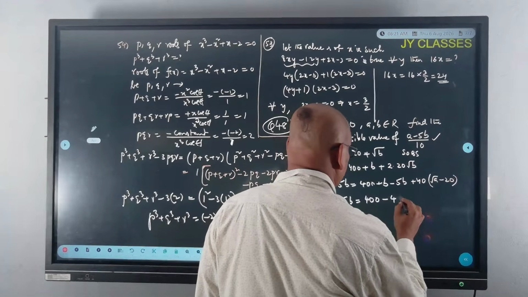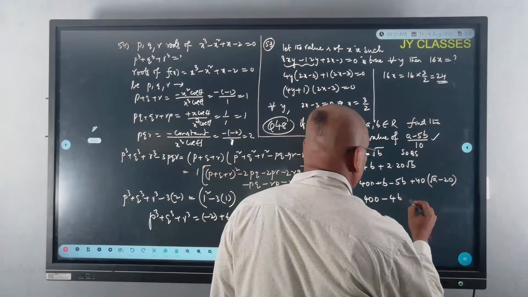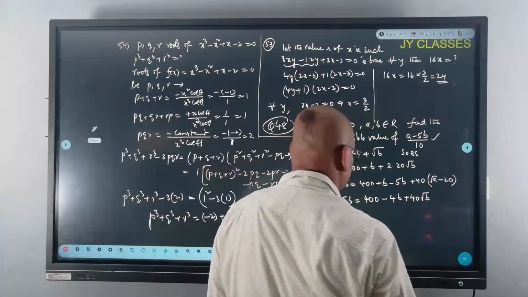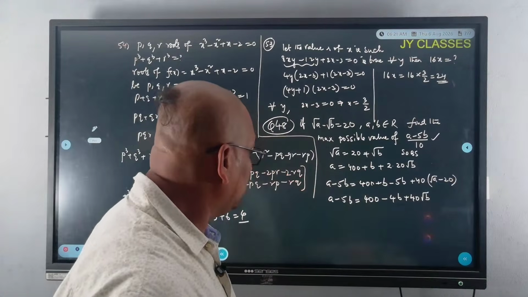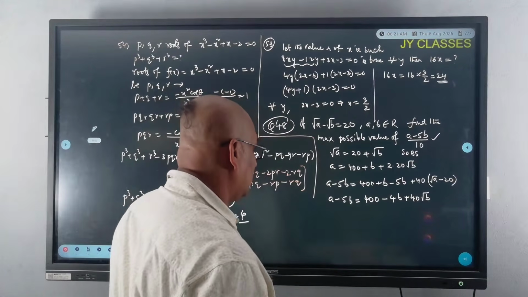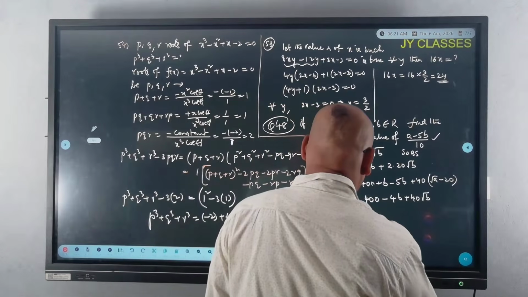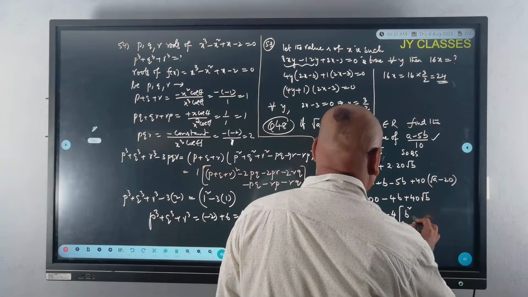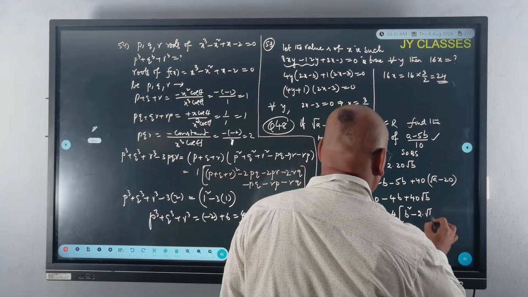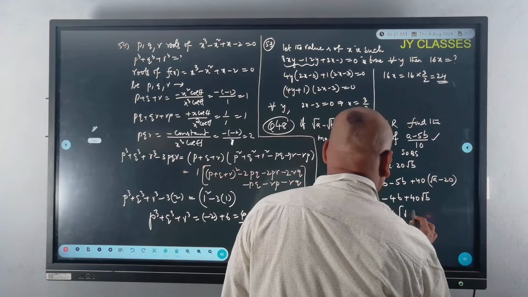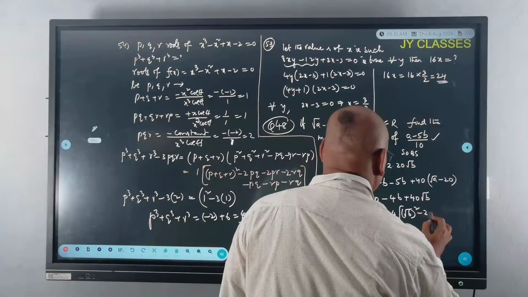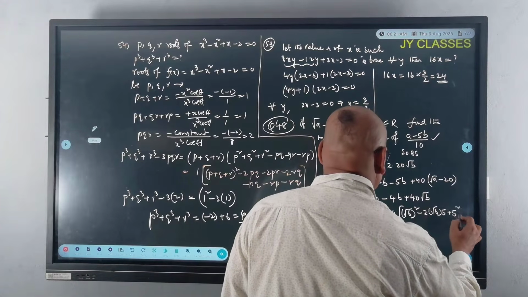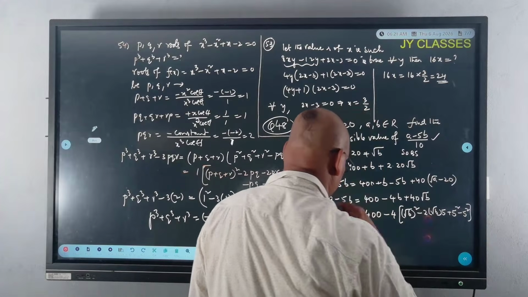400 minus 4b plus 40 root b. Okay. 400 minus 4 as common, b square minus 2 into root b, sorry, root b whole square minus 2 into root b into 5 plus 5 square minus 5 square.